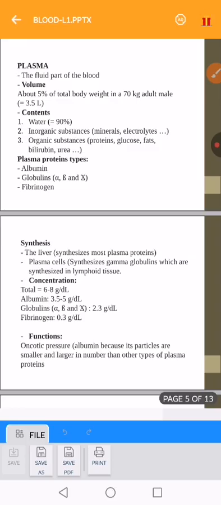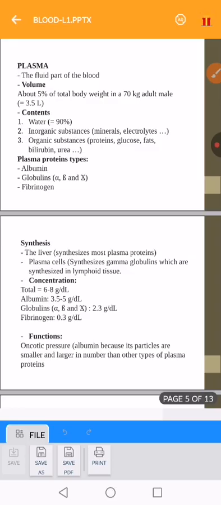When the B lymphocyte becomes a mature cell, it's called a plasma cell. And the plasma cell synthesizes the gamma globulin. What is the gamma globulin? It's the immunoglobulin: immunoglobulin G, immunoglobulin M, immunoglobulin A, immunoglobulin E, and immunoglobulin D. So all these immunoglobulins, or gamma globulins, are synthesized in the plasma cell, and the other types of protein are synthesized in the liver.